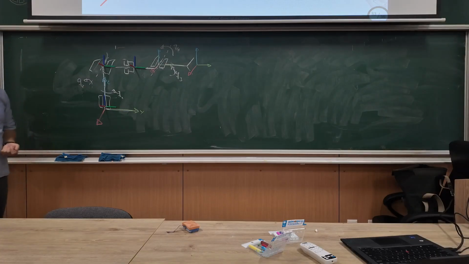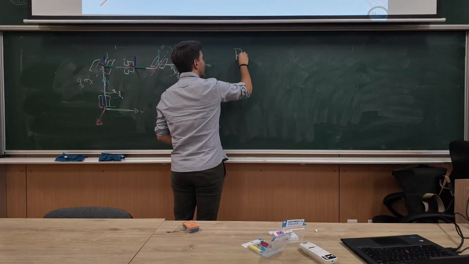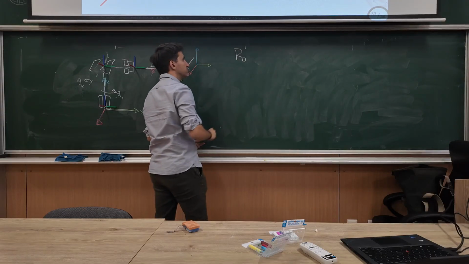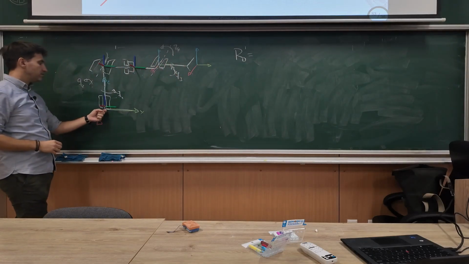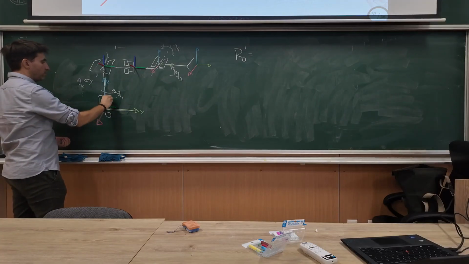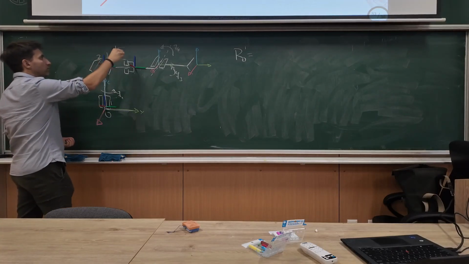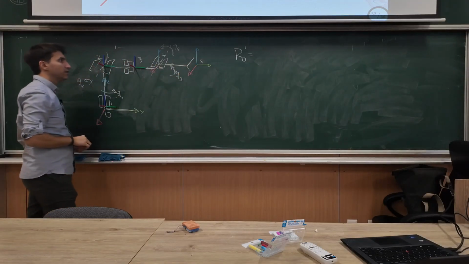Okay, great. And next step? To write the transformation, the translation from each. All right, so let's write them here. R from 0 to 1. This is 0. I'll say 0, 1, 2, 3, 4, 5.